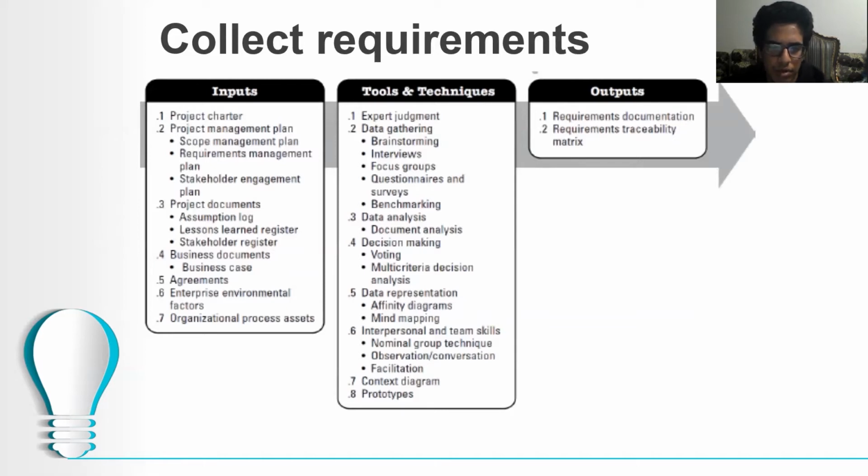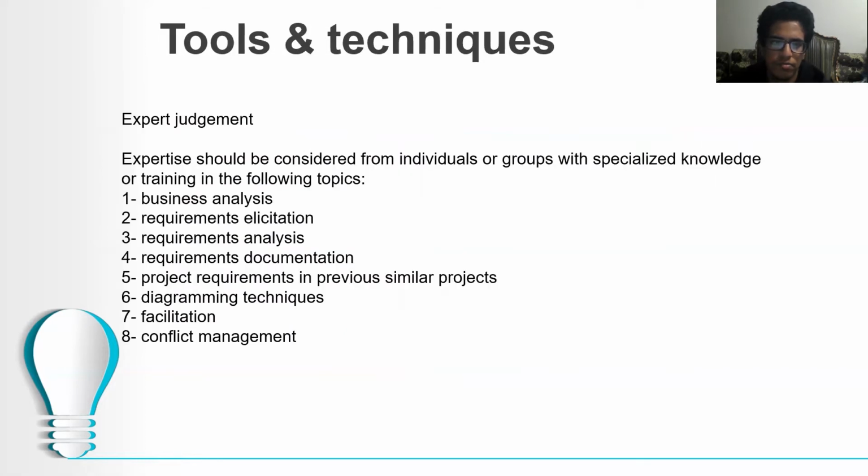Sixth is interpersonal and team skills, including nominal group technique, observation and conversation, also facilitation. Seventh, the context diagram and prototypes. The outputs would be requirements documentation and the requirements traceability matrix.